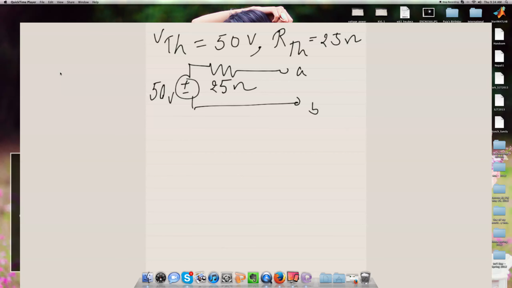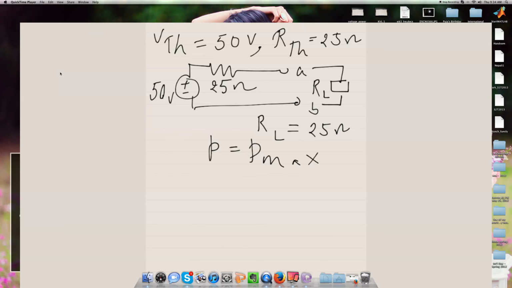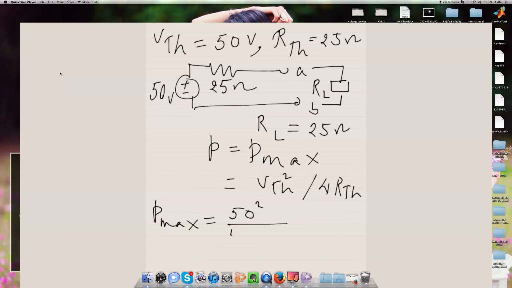So to draw max power here, we hook up the load onto the end here, RL, and RL has to be 25 ohm as well to have the power become Pmax, and this Pmax is given by VTH squared divided by 4 RTH, meaning Pmax is, in this problem, 50 squared divided by 4 times 25.